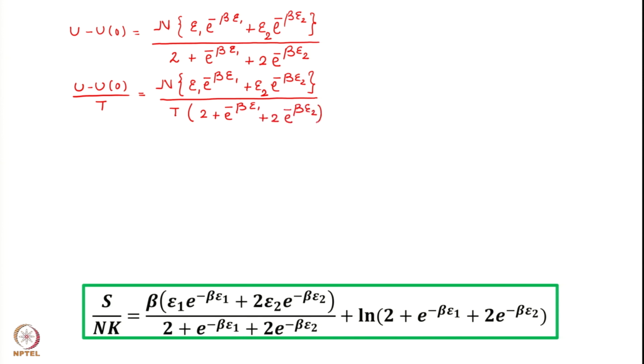And we can use the usual transformations, that beta is equal to 1 over kT.